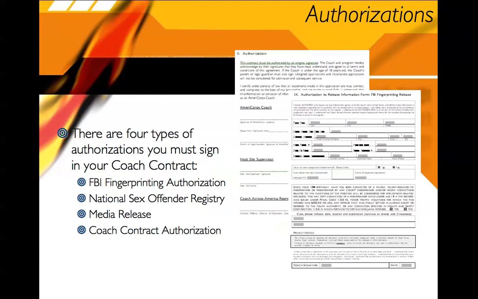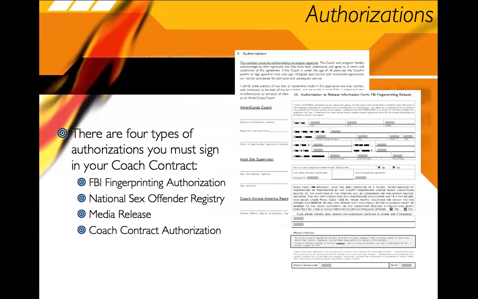And finally, we have the 4 different authorizations that you must sign in order to serve as a coach in Coach Across America. This includes an FBI fingerprinting authorization, which gives us permission to run your fingerprints, a National Sex Offender Registry check, which is an online database which we will run your name through, the media release, which authorizes us to use your picture and video, as well as any quotes that you might give to Coach Across America or the corporation.